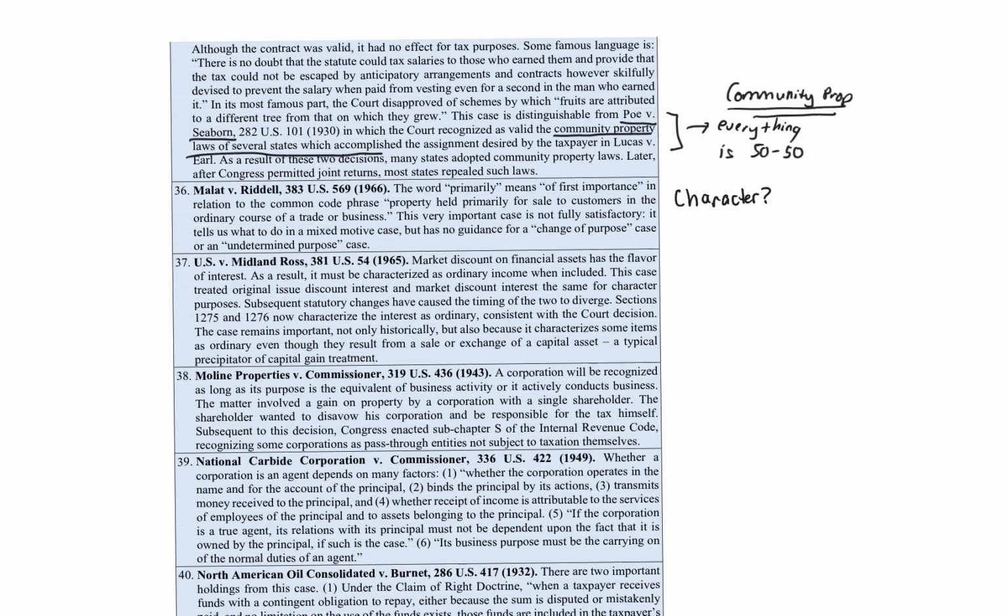The phrase property held primarily for sale to customers in the ordinary course of trade or business gets at inventory. The next case is U.S. v. Midland-Ross. This is a characterization case.